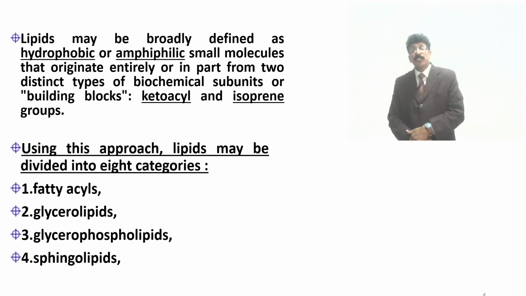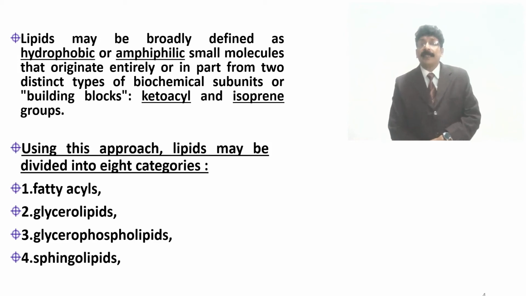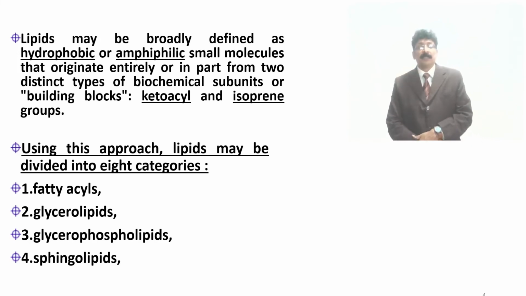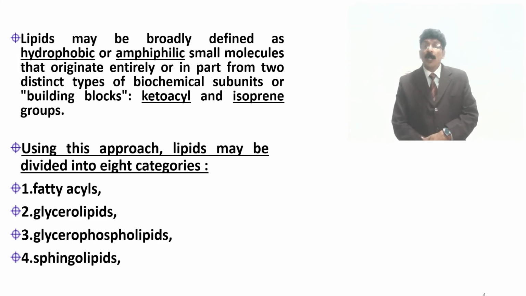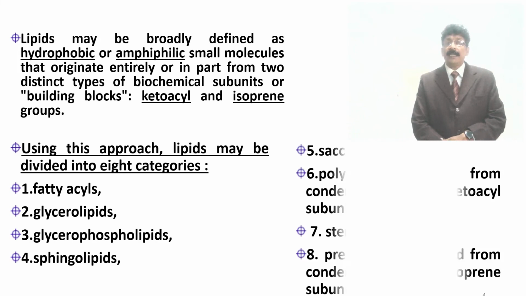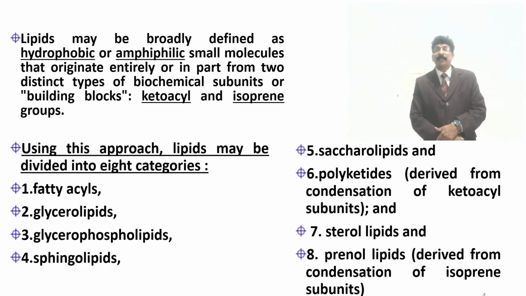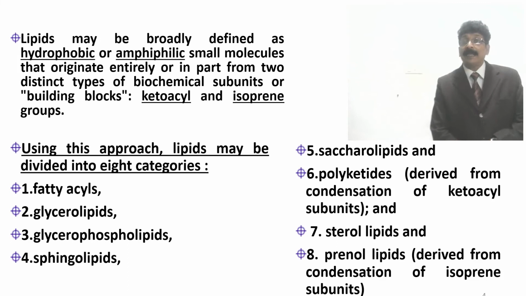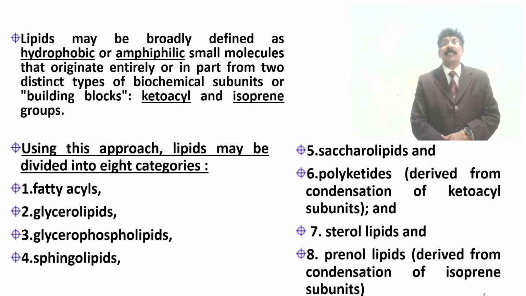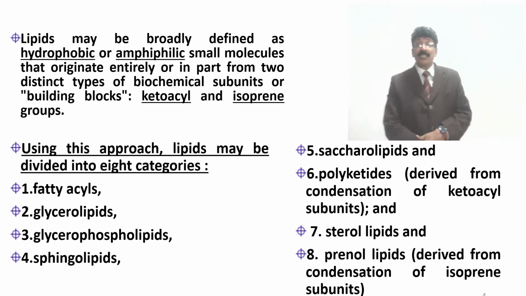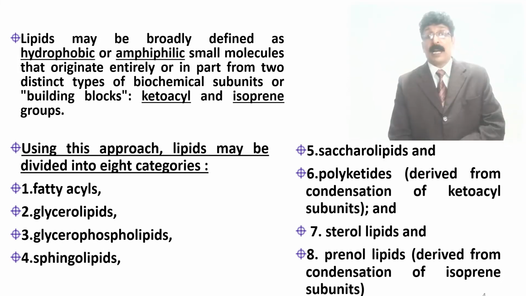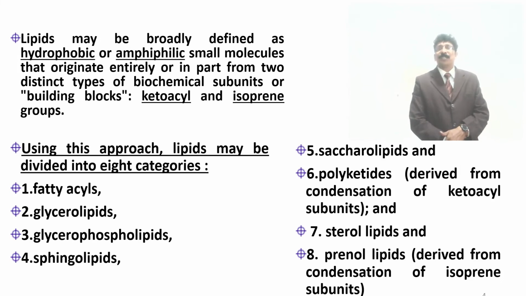Using this approach, lipids may be divided into 8 categories: fatty acyls, glycerolipids, glycerophospholipids, sphingolipids, saccharolipids, and polyketides derived from condensation of keto-acyl subunits, and sterol lipids and prenol lipids derived from condensation of isoprene subunits.